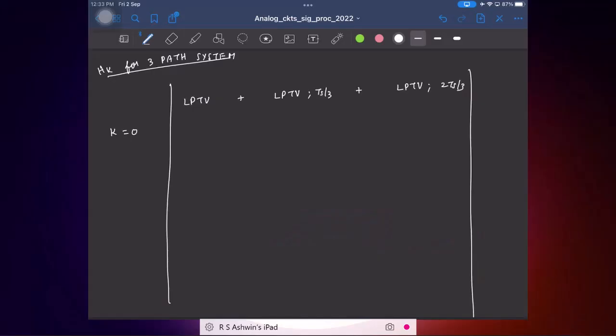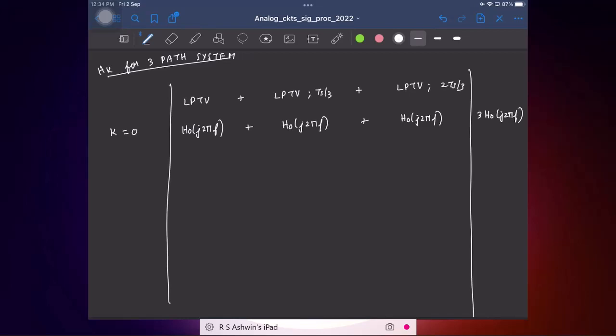For k equal to 0, the original network's harmonic transfer function was h0 of j2 pi f. Even if you delay it by Ts by 3, the 0th harmonic transfer function is the same. And for the third system, it is the same. So in total, you have 3 times the 0th harmonic transfer function.